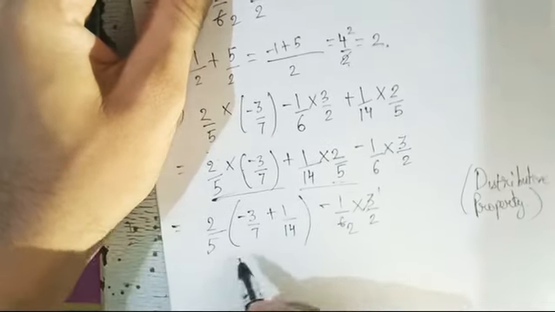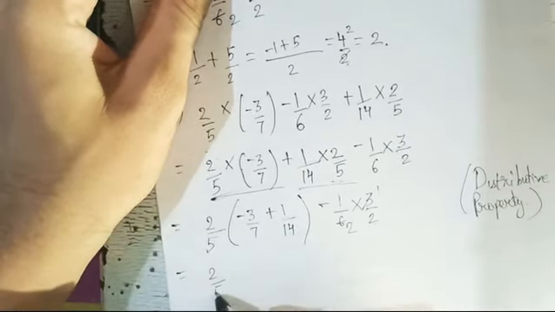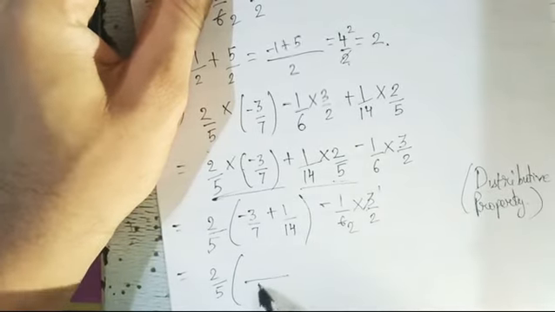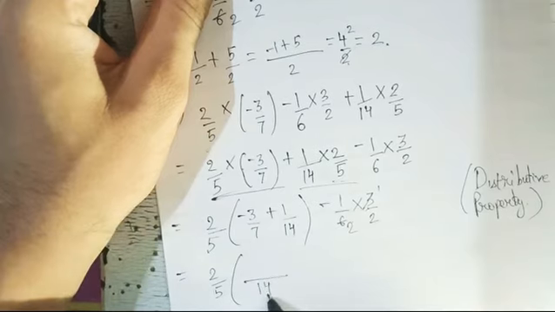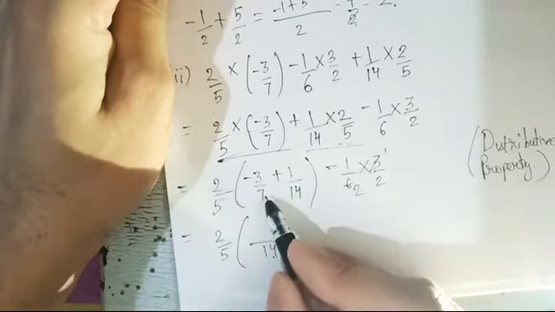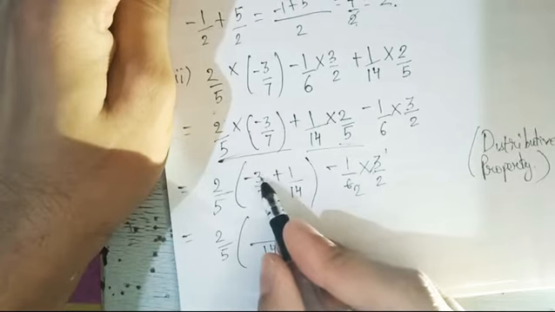Okay, and here 2 upon 5 as it is, taking LCM between 7 and 14, the LCM will be 14, and 7 will divide 14 2 times. Okay, 7 will divide 14 2 times, and 2 will multiply with the numerator 3, minus 3.